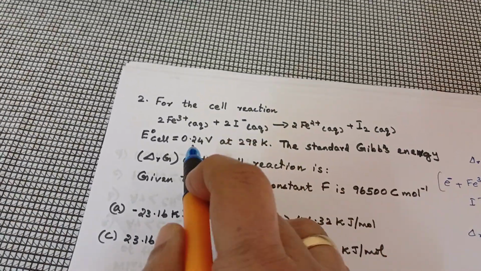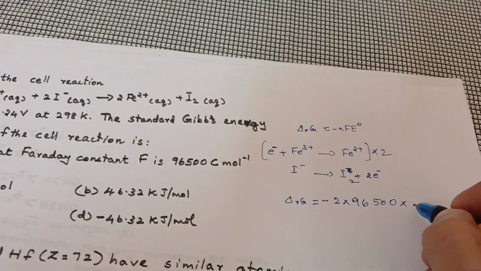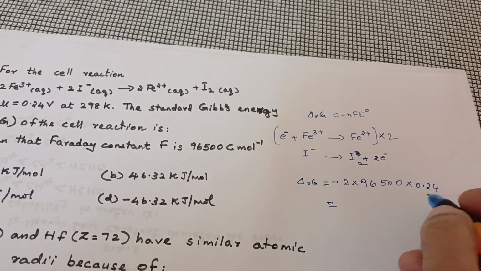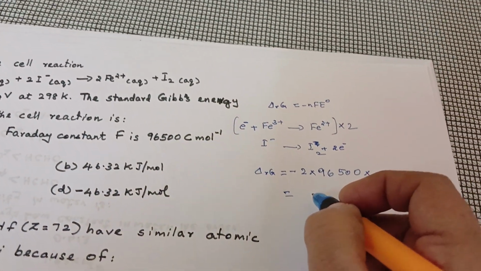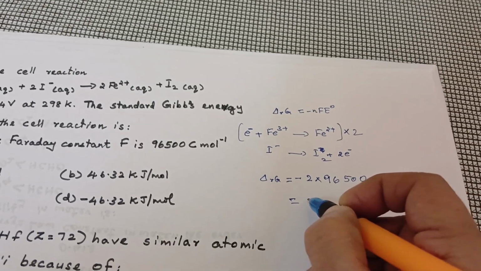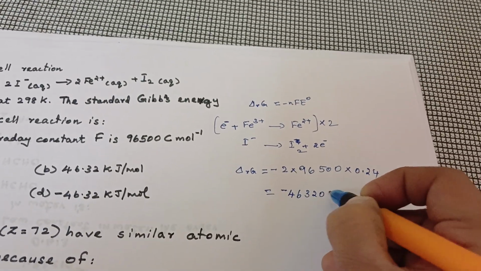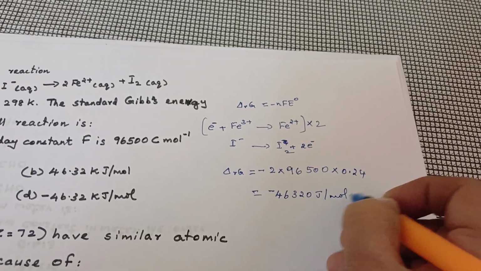E0 is given as 0.24. So if we do the calculation, we will get the answer as minus 46,320 joule per mole.